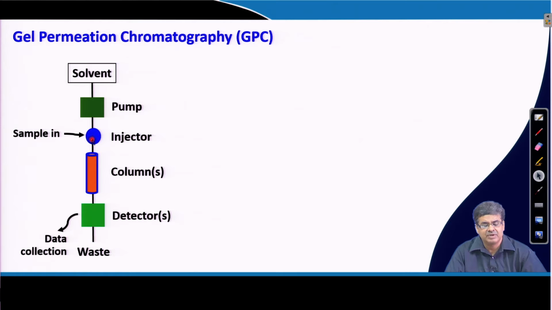The sample goes through the column and gets separated according to size, and a detector at the end of the column will detect the polymer molecules, and a computer will process the data. There could be one or more than one detector, depending upon the type of accuracy or type of measurement one is trying to do.